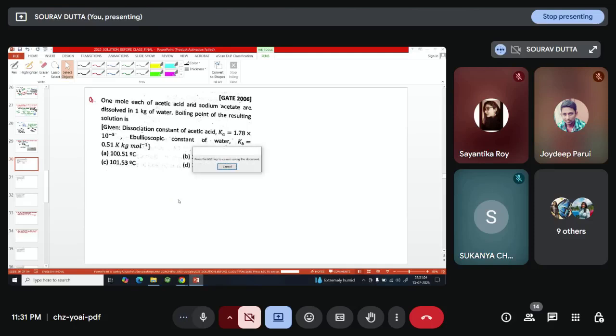So next question, 1 mole of each of acetic acid and sodium acetate are dissolved in 1 kg of water.